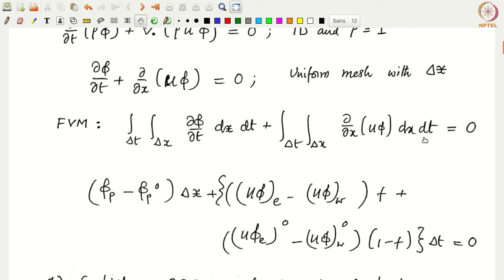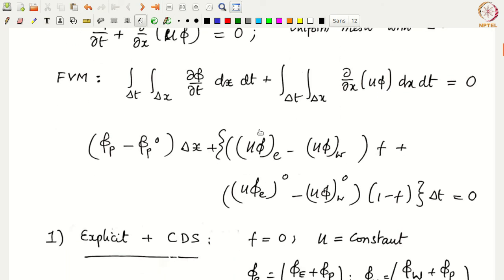Plus, we also have a profile assumption for variation of this flux with time, right? That means that we'll introduce a factor f times the quantity u phi east minus u phi west plus 1 minus f times u phi east at the previous time level, u phi east 0 minus u phi west 0, right? Times, of course, this entire thing, because being a linear profile assumption, has to be multiplied with delta t to account for the integration of this quantity. Okay, so this is the discretized equation for the volume and time integrated unsteady convection equation here. Okay.